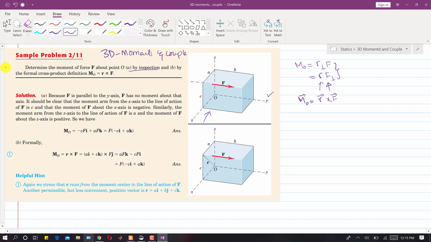Let's suppose this is that perpendicular distance between F and x. Then it will produce a clockwise moment about the x-axis, and that moment will be like this. So this will be Mx, and this is a clockwise moment, right?